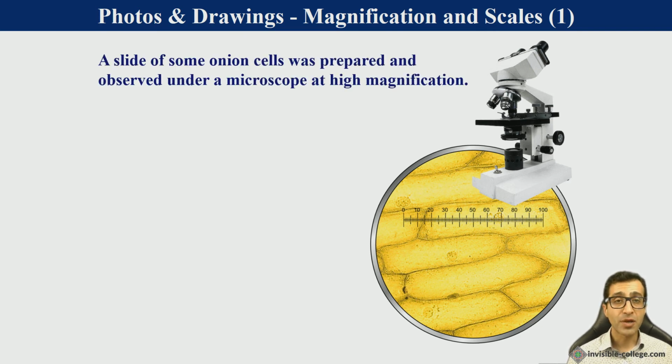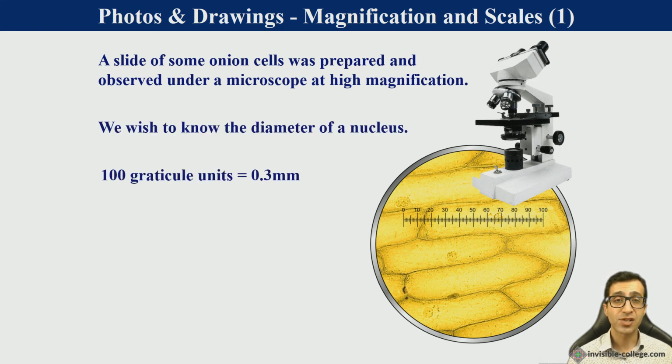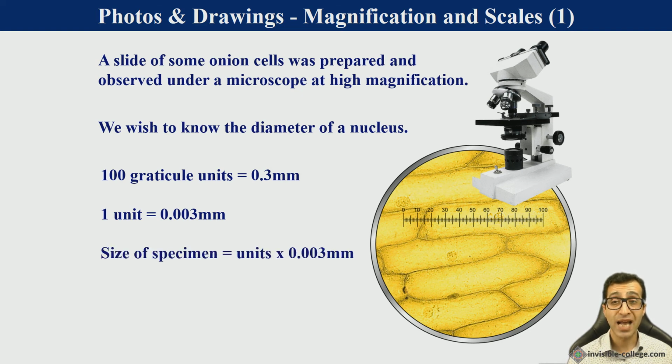So a slide of some onion cells was prepared and observed under a microscope at high magnification, and we want to know what is the diameter of a nucleus of one of these cells. So again, in this example, 100 graticule units is 0.3 millimeters, and this makes one unit equivalent to 0.003 millimeters. Now, according to this single unit of measurement, the size of any specimen as viewed under this particular microscope set up is going to be however many units that object measures multiplied by 0.003 millimeters.